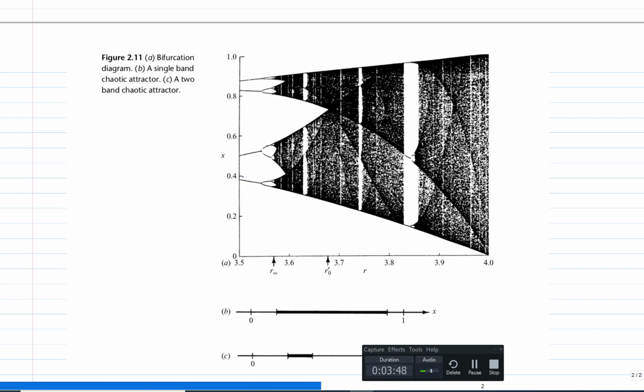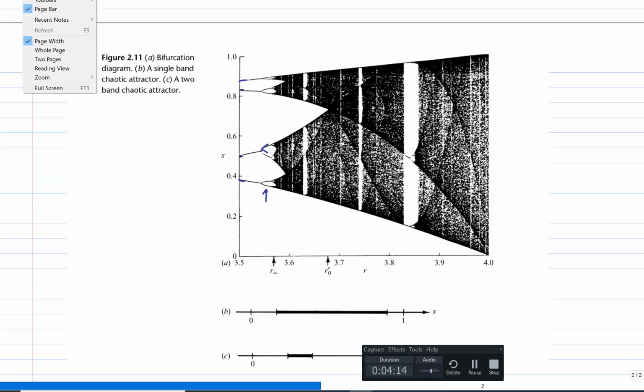So at 3.5 it seems like a period 4 attractor where this trajectory has settled down. It goes through a period doubling and you get a period 8 attractor over here, so on and so forth.